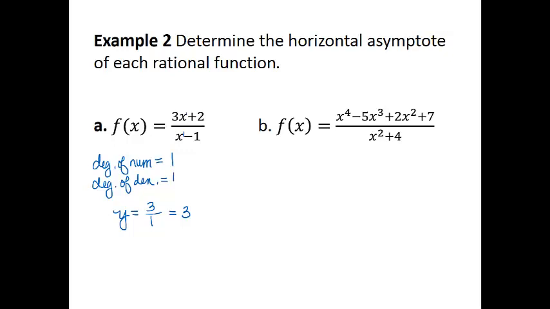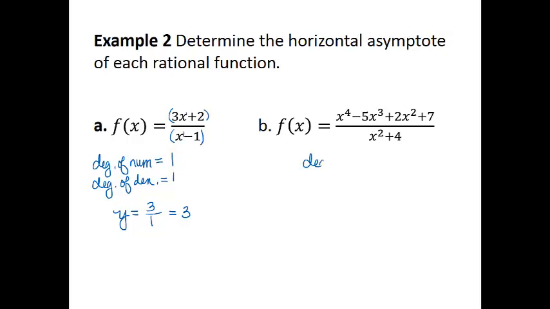Now how can you use your calculator to determine this? You could enter the function 3x plus 2 divided by x minus 1 and look at the table. As x gets very, very large, what are the y values approaching? And you would find that that would be 3. Part B is f of x equals x to the 4th minus 5x cubed plus 2x squared plus 7 divided by x squared plus 4.